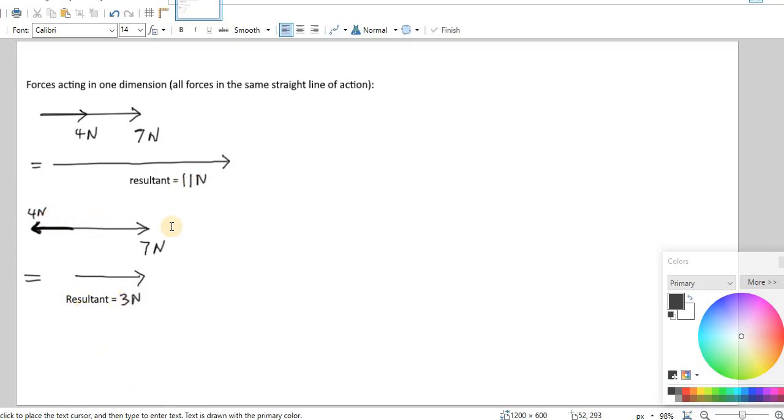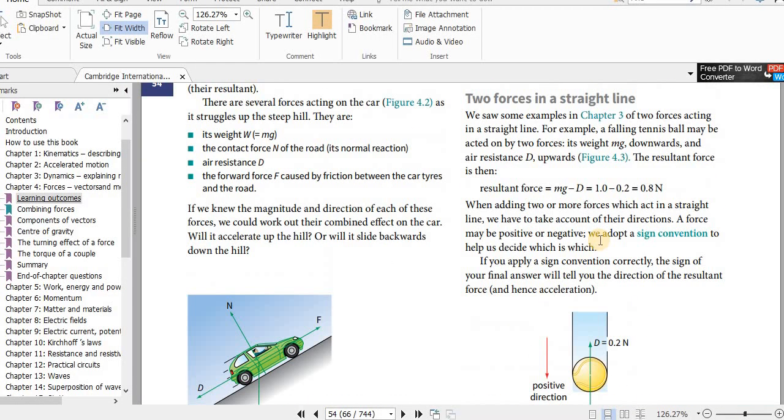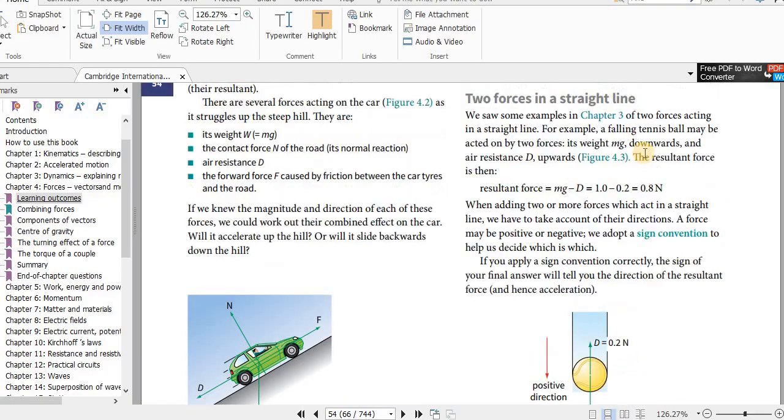The resultant of these two forces, again in opposite directions, is 3 newtons. And you can see another example here. The resultant force is equal to the weight minus the drag force. The weight is 1 newton, the drag force is 0.2 newtons. Therefore the net force is vertically downwards because this force is bigger than this, and that is 0.8 newtons.